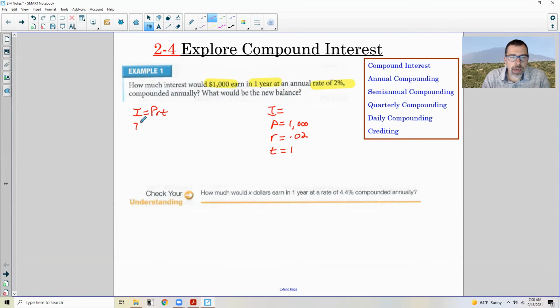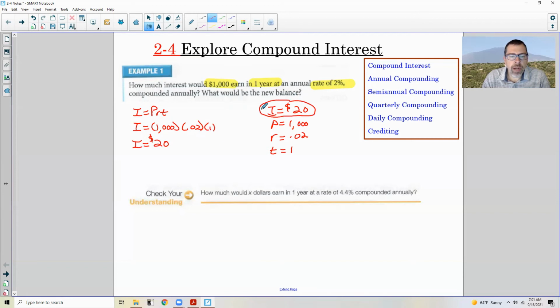So I equals 1,000 times 0.02, and the 1 is irrelevant because anything times 1 is itself. So 1,000 times 0.02 is $20. That just moves the decimal 3 places. And so therefore the interest would be $20.